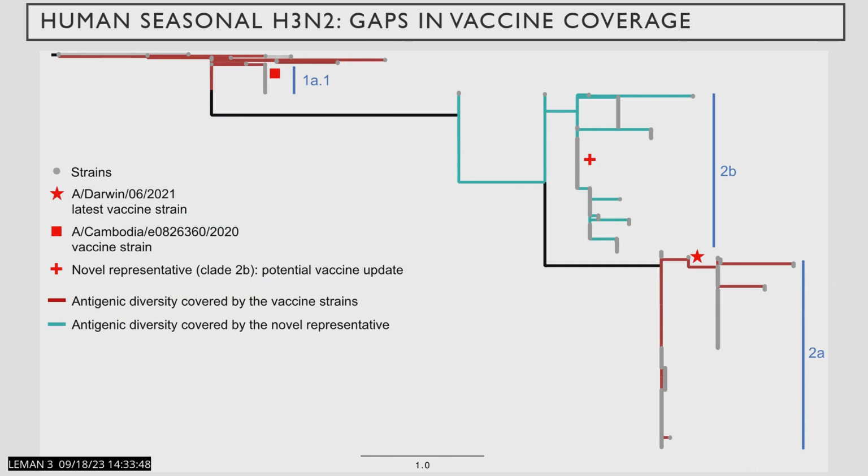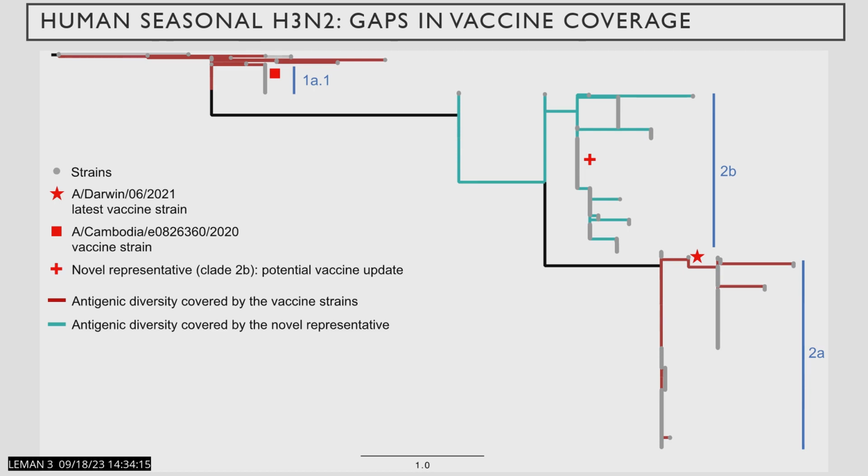The tree that you can see here is 2,000 HA sequences from the 2022-23 flu season. And there are 2 vaccine strains that have been previously used, Cambodia 2020 up there and Darwin 2021 down below. So many of you are probably vaccinated with some of those strains.